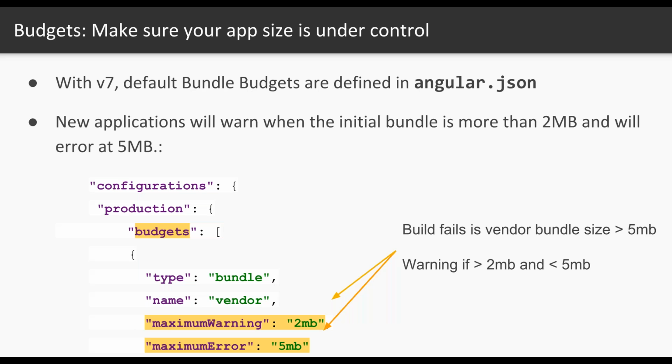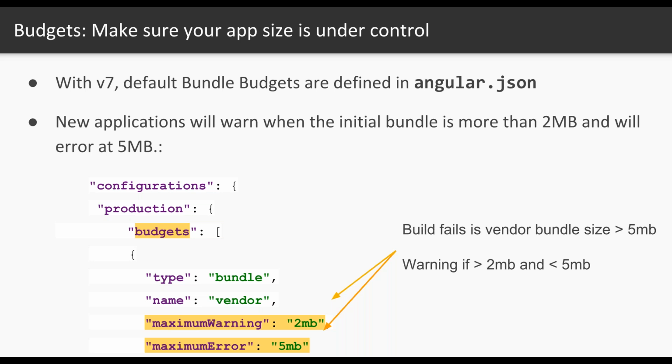A new feature that was actually there before Angular 7, but what they did with Angular 7 is that they added default values for it in angular.json, is the notion of budgets. And what budgets are is a way to warn us or even to make a build fail if we are getting some dependencies in our code that are way too big.